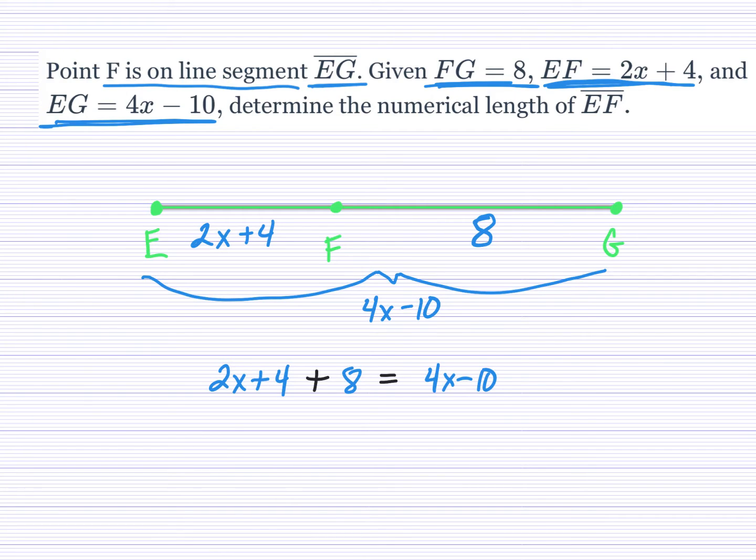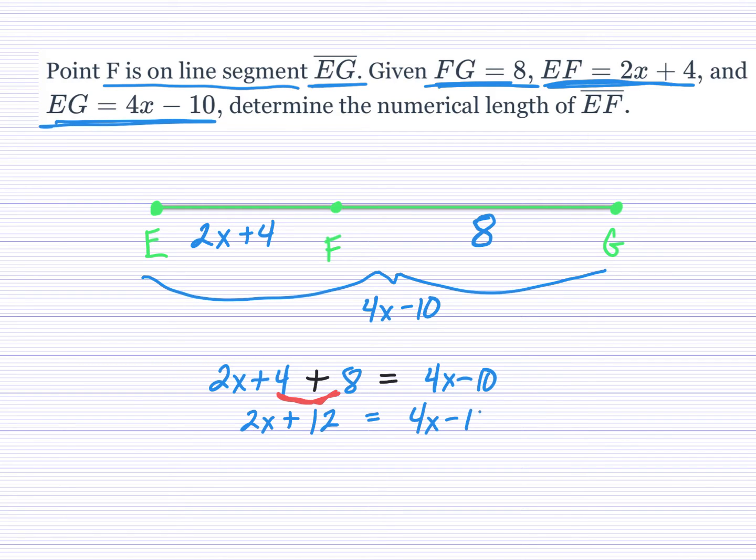We're still going to approach this the same exact way. We're going to combine like terms and do whatever math applies. We actually have like terms on the same side here. We have 4 and 8, which is going to make 12. And we have 2x, which doesn't have a like term.